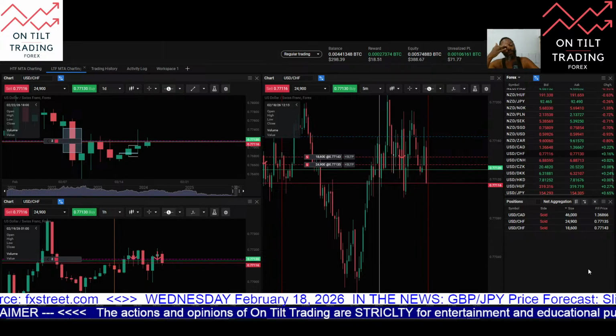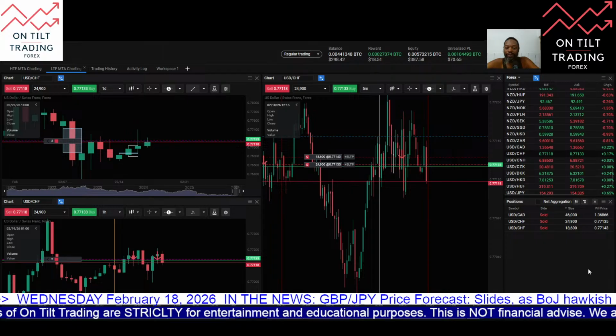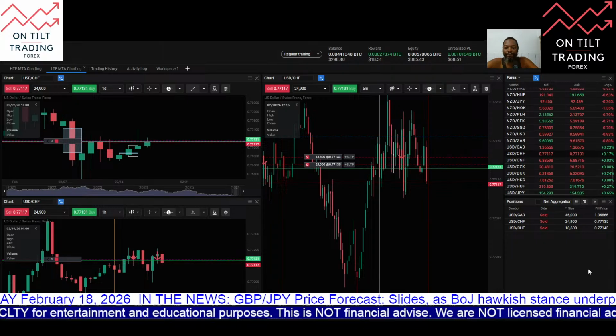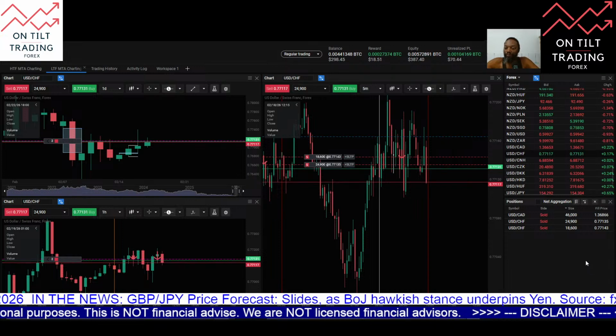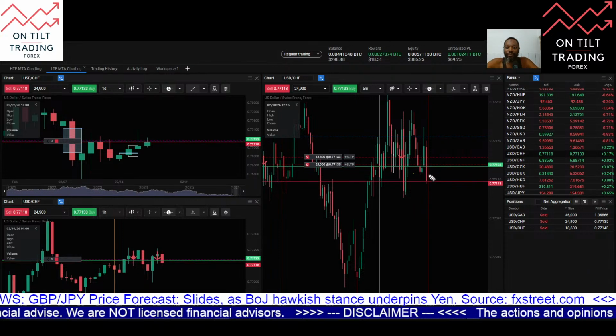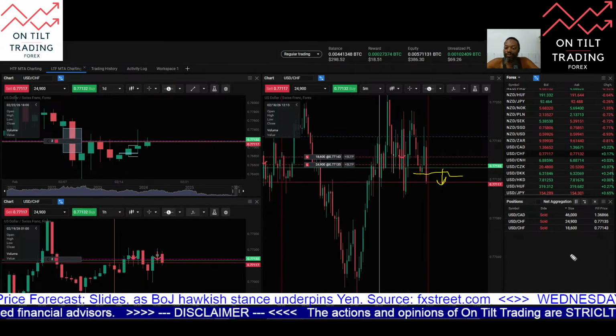Let's see if there's any follow through here with continuation to the sell side. If this candle were to close, it would create another shift here in market structure to the sell side.